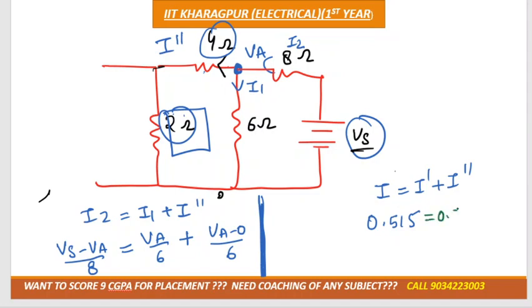I dash is 0.727. So from here, can we get the value for I double dash? Whatever value we got for I double dash, that would be 0.5 minus 0.77, right?